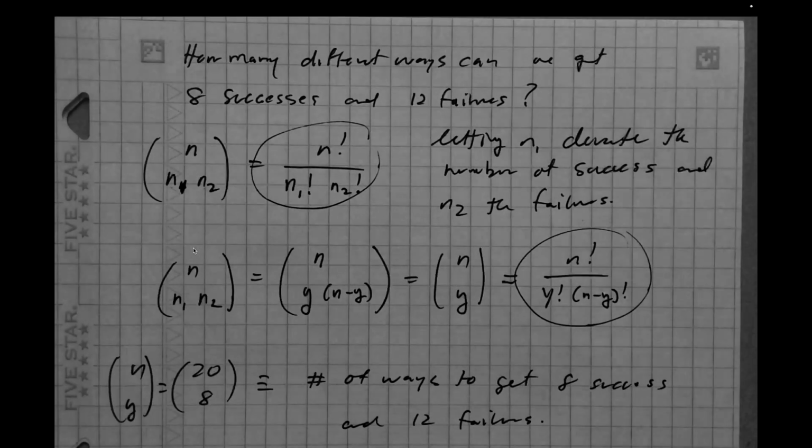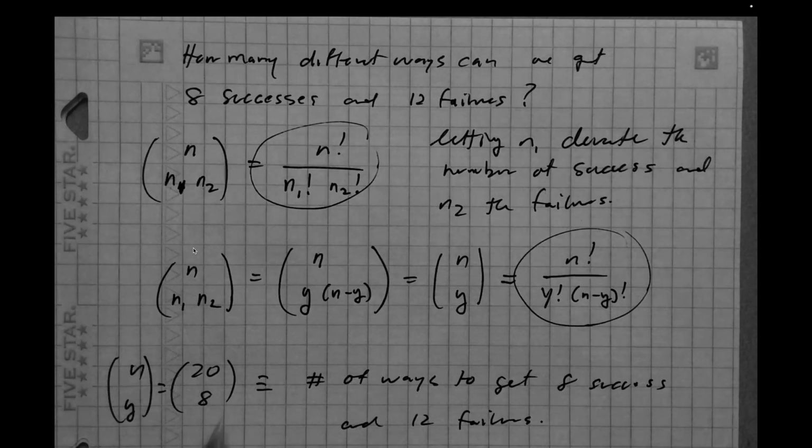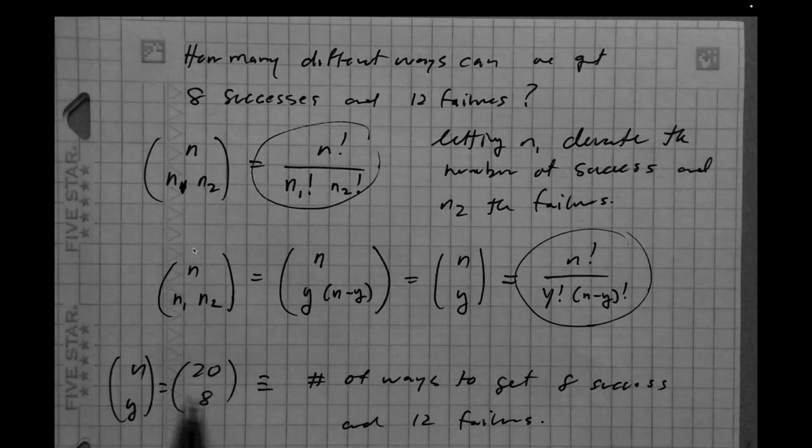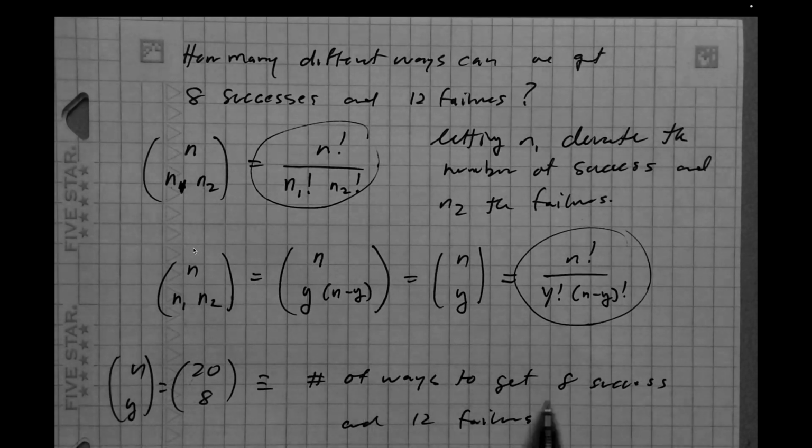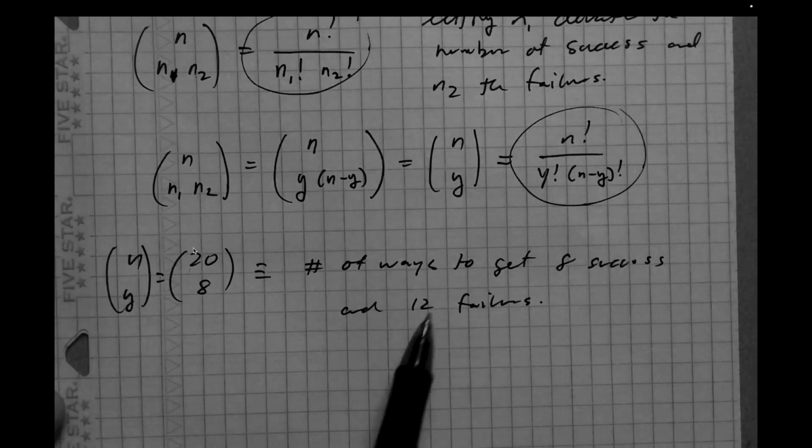All right, very good. Okay, so the event of getting 8 successes in 20 trials has this many sample points. So there's this many sample points that correspond to getting 8 heads and 12 tails. Okay, and so each of them has the same probability, right? What we saw above.